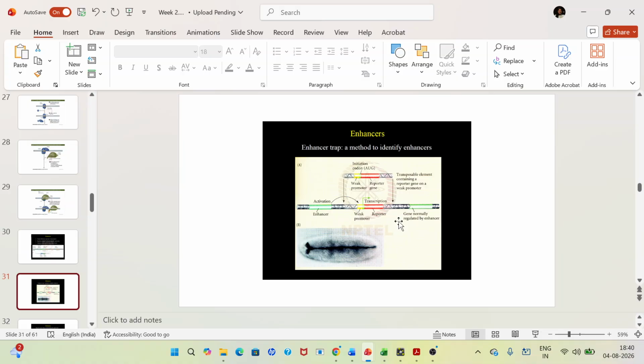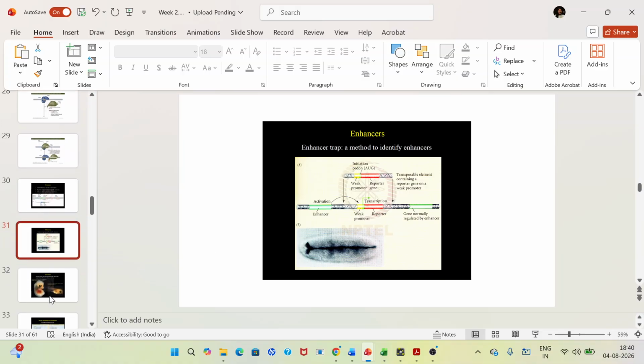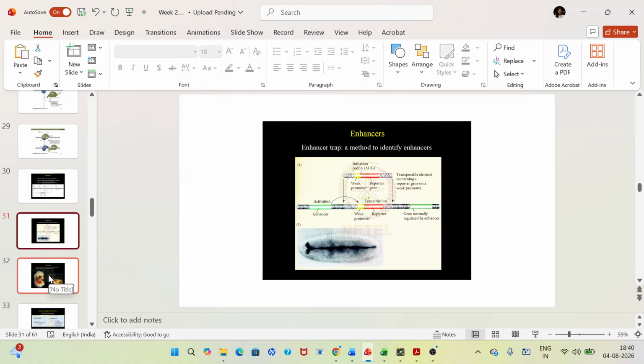Just to identify which enhancer is actually regulating which gene, where it is regulating, where it is not regulating, the enhancer trap is a method that was used initially to understand this. I hope you guys have understood it from the lecture. I'm not going into these details.